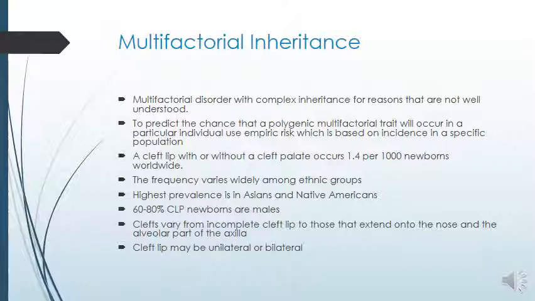The frequency varies widely among ethnic groups, and the highest prevalence is in Asians and Native Americans. Also, 60 to 80% of newborns that have a cleft lip, cleft palate, are males. The clefts vary from incomplete cleft lip to those that extend onto the nose and the alveolar part of the maxilla, and the cleft lip may be unilateral or bilateral.